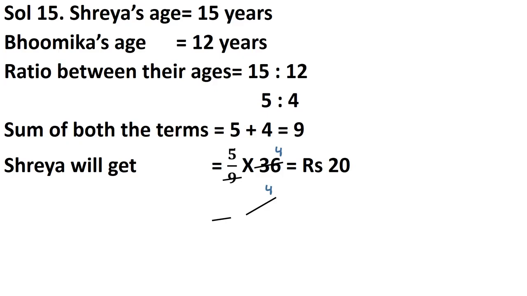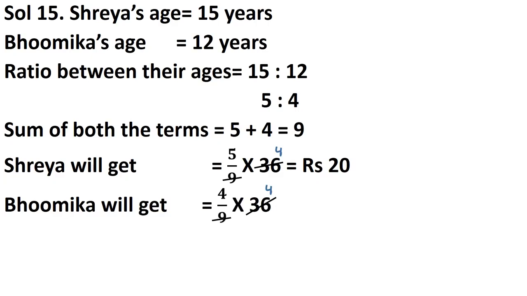So 5 upon 9, but the total we have is 36. 9 ones are 9, 9 fours are 36, 5 fours are 20. So Shreya will get 20 and Bhumika will get 4 upon 9 multiplied by 36, that is rupees 16.